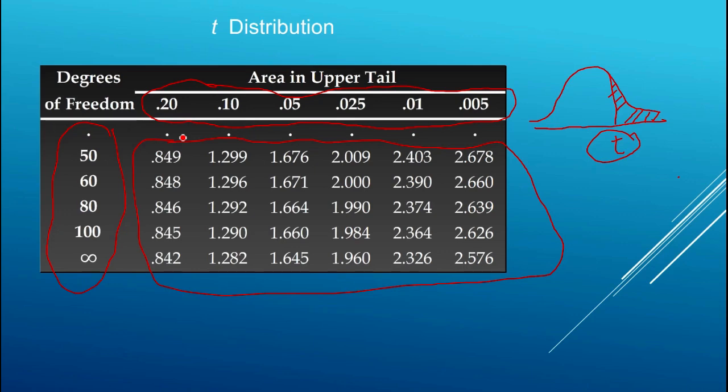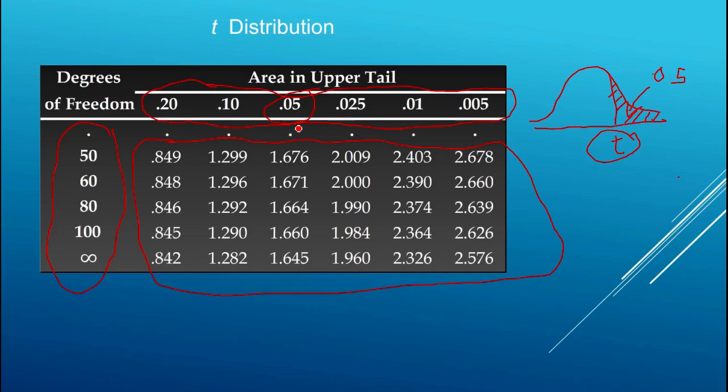So it kind of turns everything around a little bit on you in terms of interpreting the table. Just keep that in mind. For example, if this area that I had shaded here were equal to 5%, 0.05, then I would come to the table and look up 5% of the area left in the upper tail.